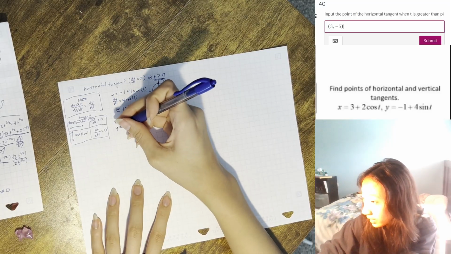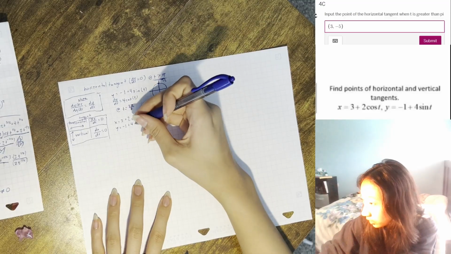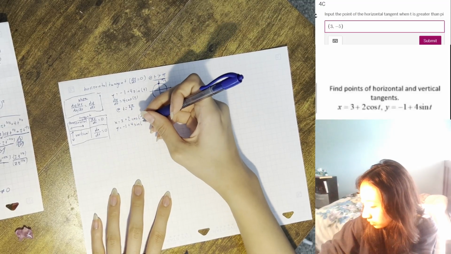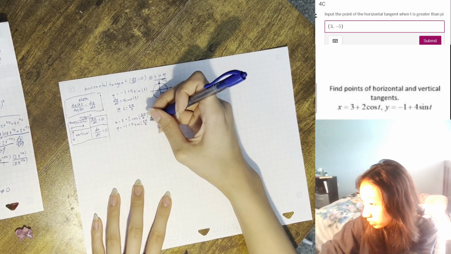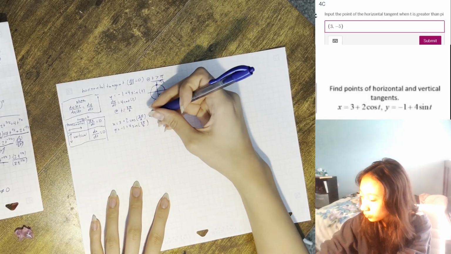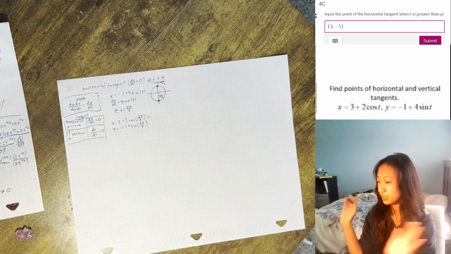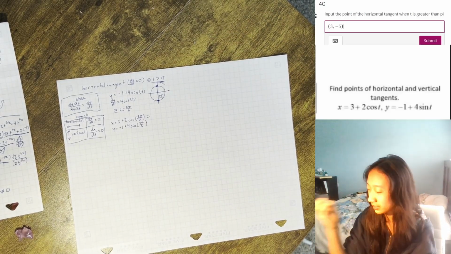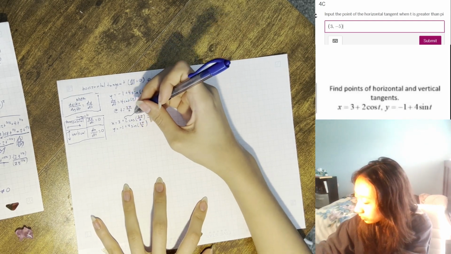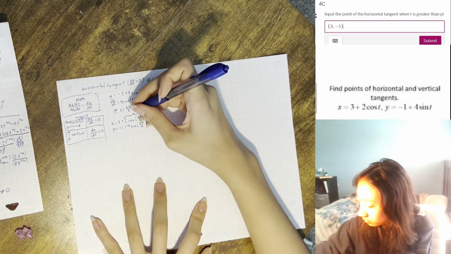And then y is equal to negative 1 plus 4 sine of 3 pi over 2, right? You're going to do some mental math, or you're going to do math on paper. Listen, again, I'm not a cop. I'm not going to control what you do. But you'll eventually realize that cosine of this value is equal to 0.